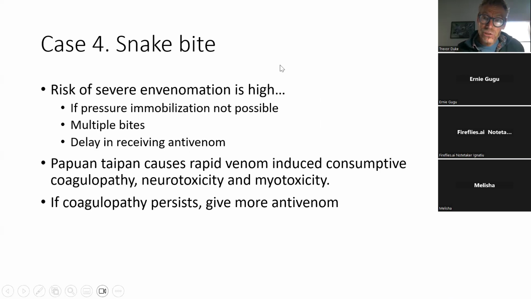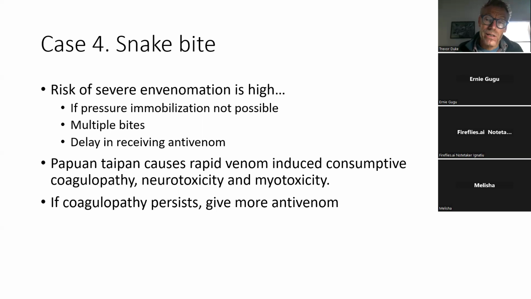You know, this child was severely envenomated. Most children are not so severely envenomated, but this child was very severely envenomated because she'd had multiple bites. And when you've got a bite on a limb, the first aid treatment is pressure immobilization, to apply pressure to the limb and immobilize the limb so that the venom does not enter the lymphatics and then the bloodstream.